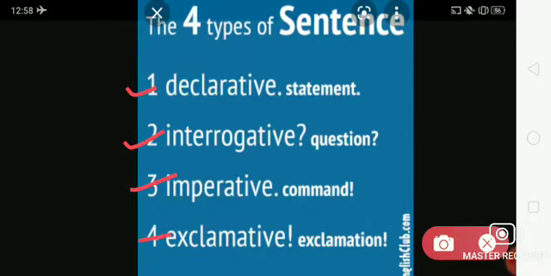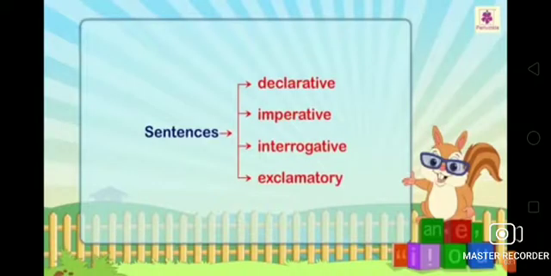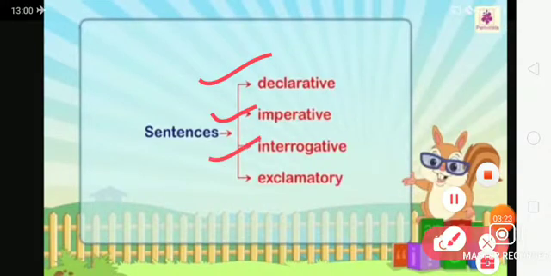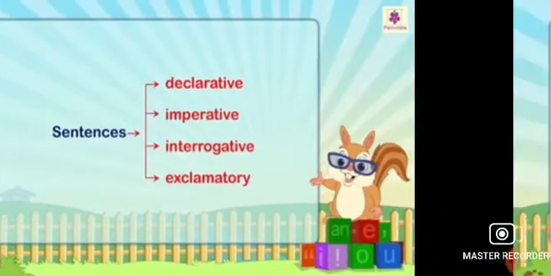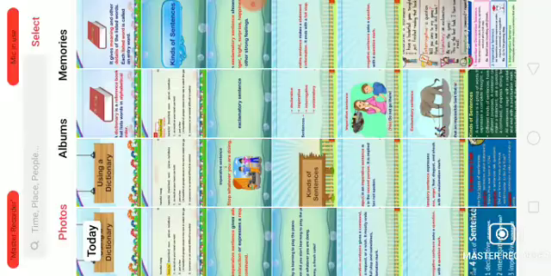So let's learn more about the kinds of sentences. You must learn that there are a total of 4 kinds of sentence: first declarative or assertive, second imperative, third interrogative, and fourth exclamatory. One by one we are going to learn about each, starting with the declarative sentence.